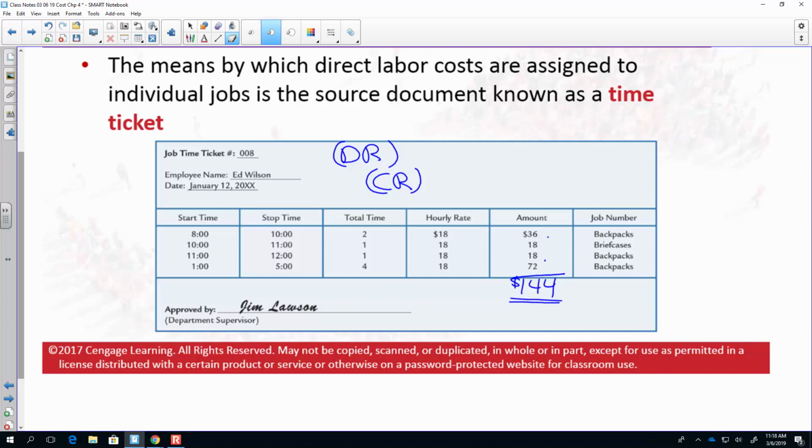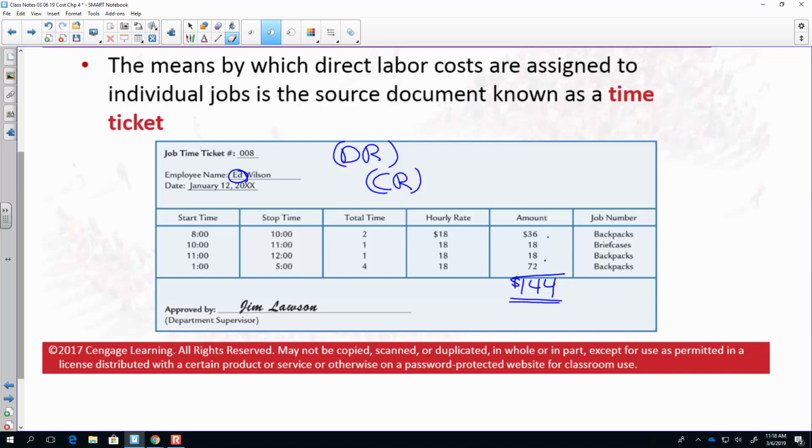What do I debit? Manufacturing overhead. No. This is direct. Oh, direct. So then it would be salaries. These are hourly employees. Ed's an hourly dude. He's putting the briefcase together.